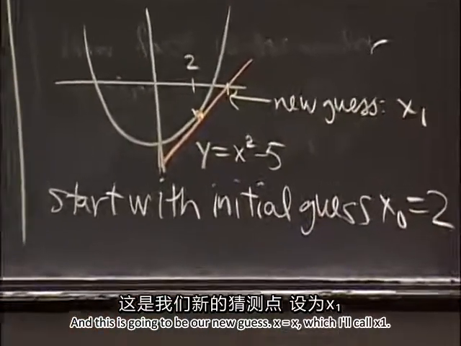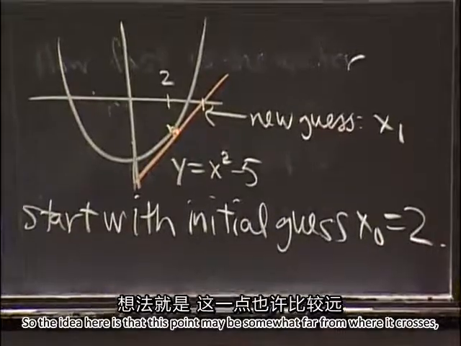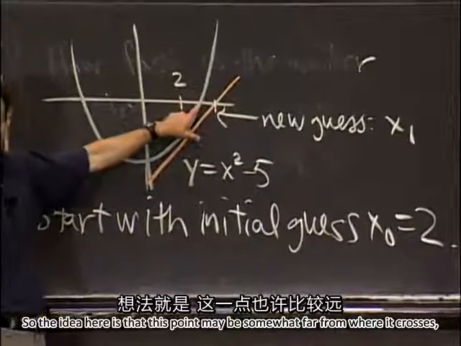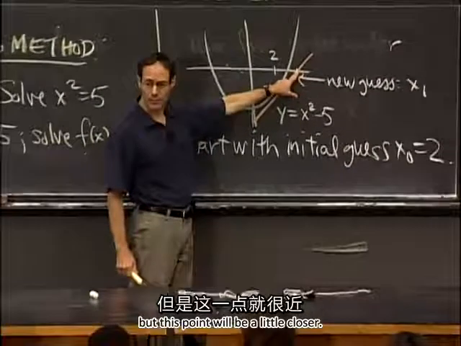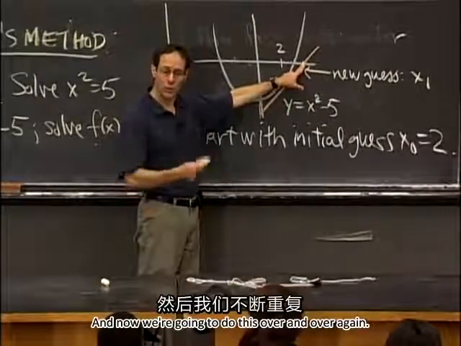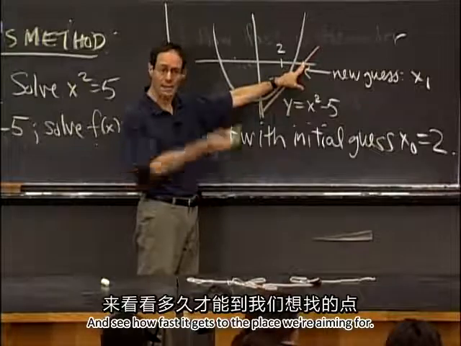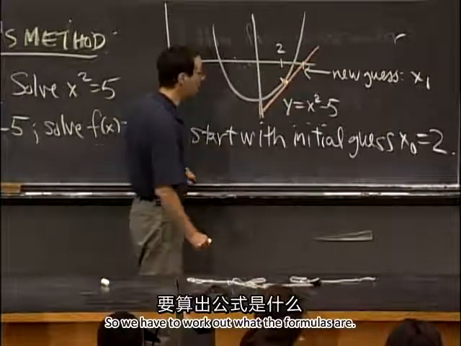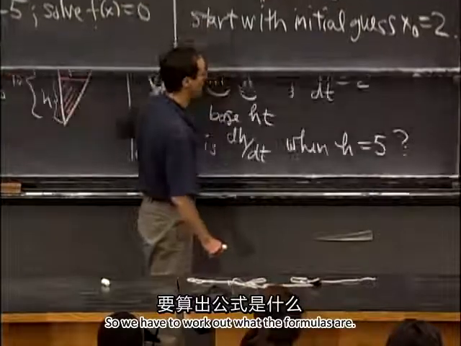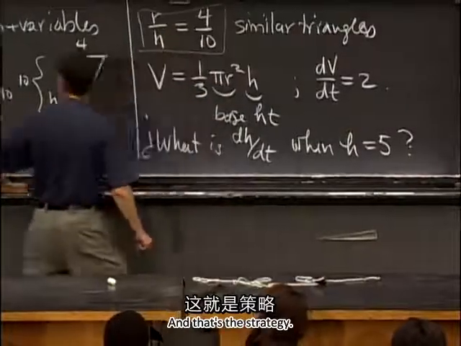So the idea here is that this point may be somewhat far from where it crosses, but this point will be a little closer. And now we're going to do this over and over again and see how fast it gets to the place we're aiming for. All right? So we have to work out what the formulas are, and that's the strategy.